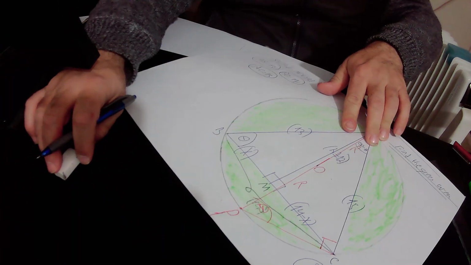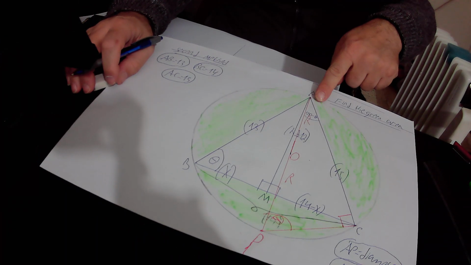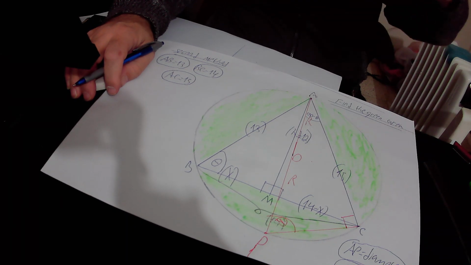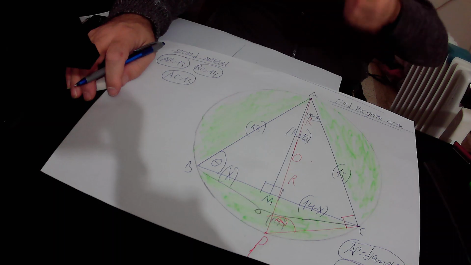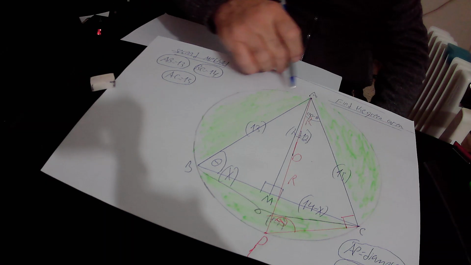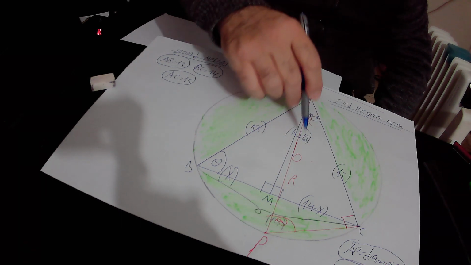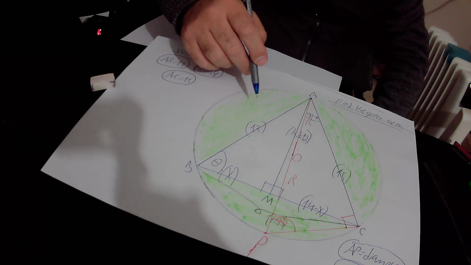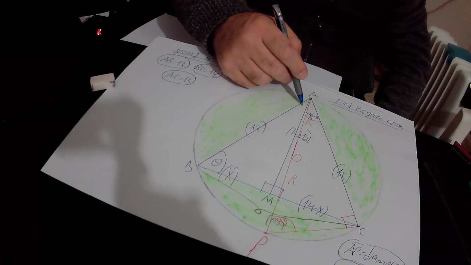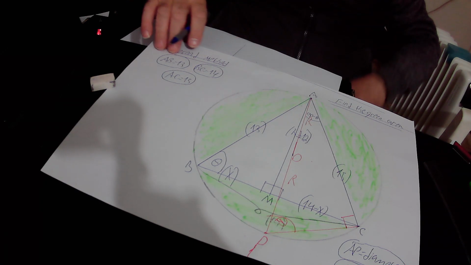Why? Because 90 degrees minus theta plus theta is 90 degrees, and 90 degrees plus 90 degrees is equal to 180 degrees, that is the sum of the angles in any triangle. Likewise, we focus on the right triangle AMB. On the right triangle AMB, this angle equals theta, this angle equals 90 degrees, therefore the missing angle here must be equal to 90 degrees minus theta.